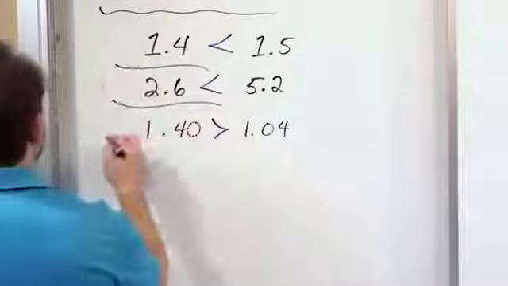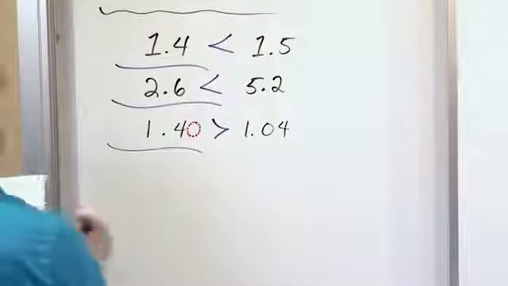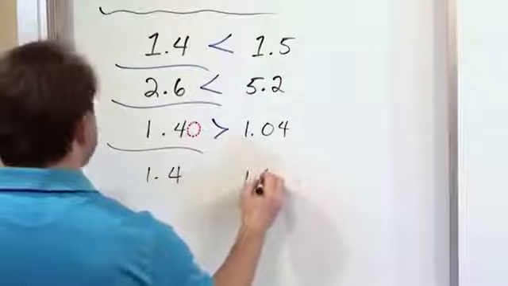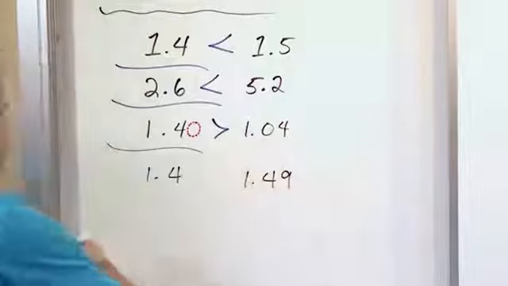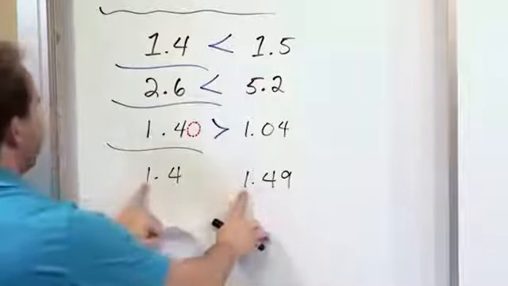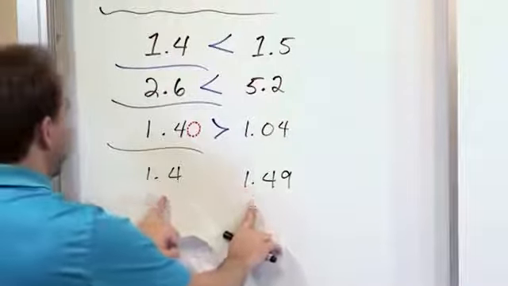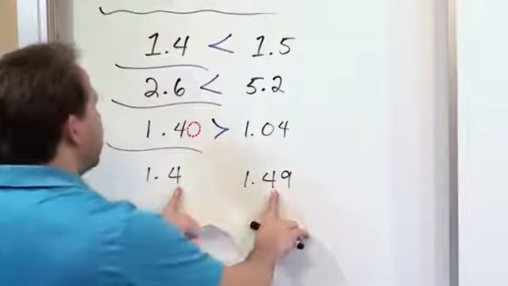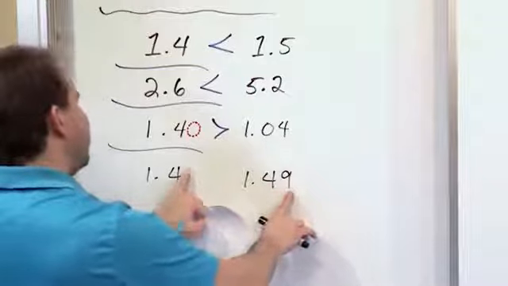Okay, so let's get some more practice. What if I have 1.4 and 1.49? So same kind of thing. I start in front of the decimal. These are the same, so I cannot make a decision. These are also the same, so I cannot make a decision. So then I get to a 9, but I'm confused for a minute because there's nothing here.